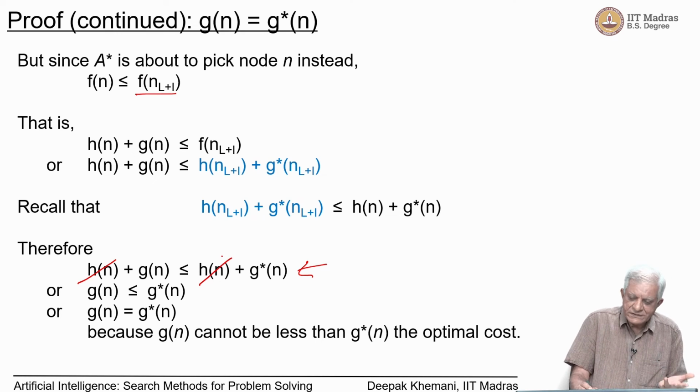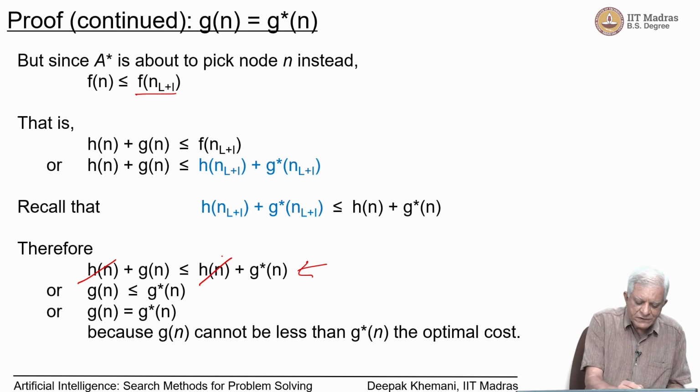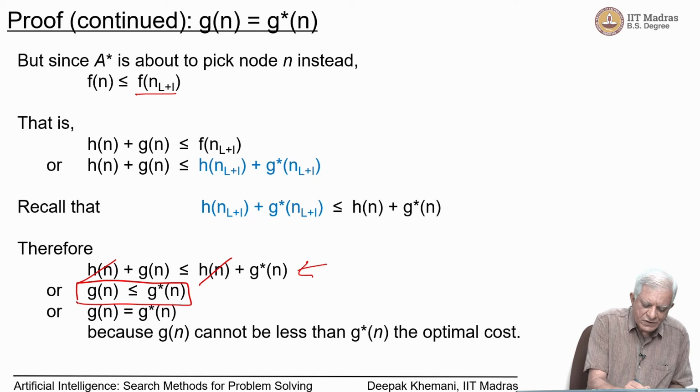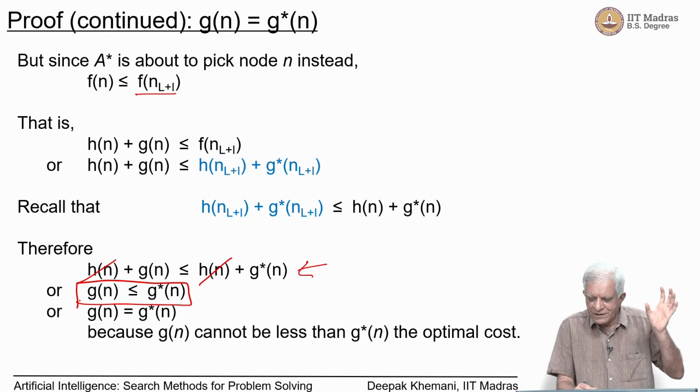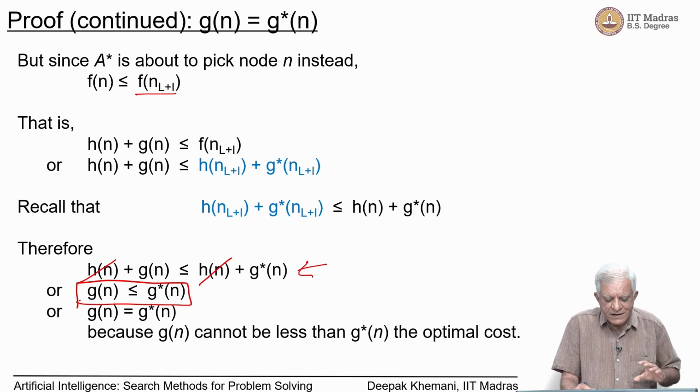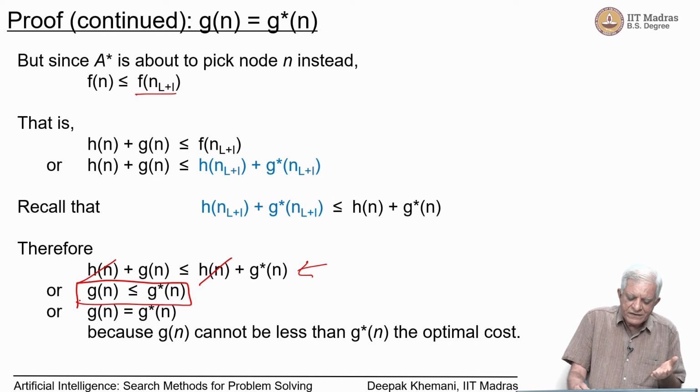So, we get g of n is less than or equal to g star of n, which means g of n equals g star of n, because it can never be less than the optimal path. We have shown that it is less than or equal to, because the algorithm is about to pick this node n and not node n_{L+1}, but this only means that the g value must be equal to this value, which means that they must be of the same optimal cost essentially.